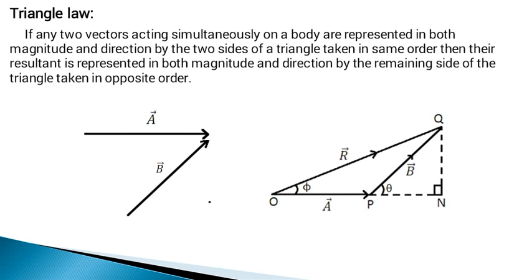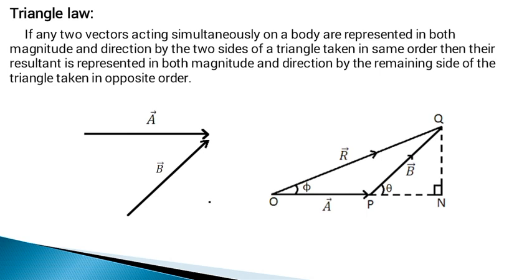Here vector A starts from O and ends at P, and vector B starts from P and ends at Q. So they are in the same order, since vector A ends at point P and vector B starts from there. The same order in this triangle would be OP, PQ and QO, but the resultant is represented by the third side taken in opposite order. So it would not be QO but OQ, which is opposite order.